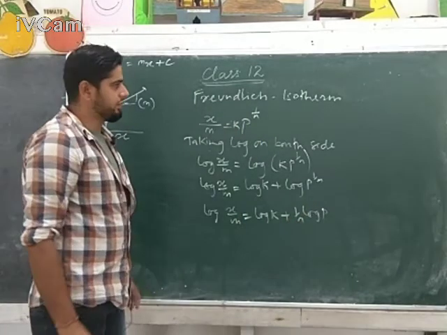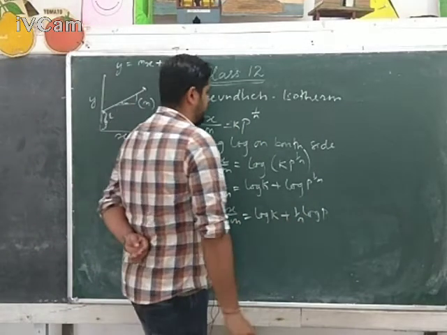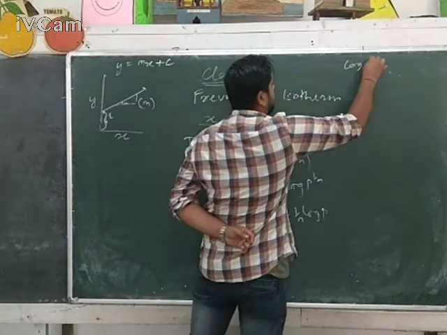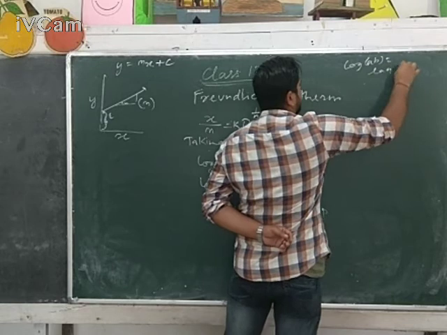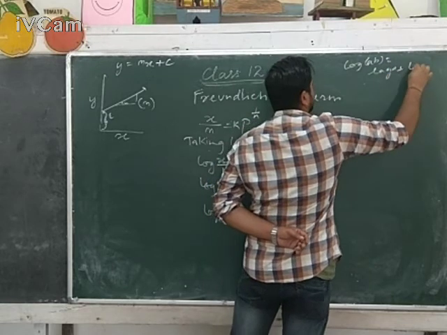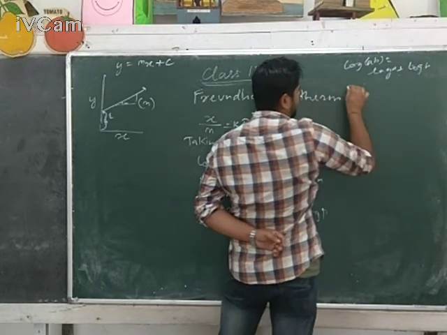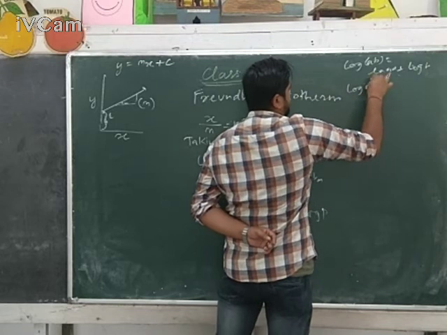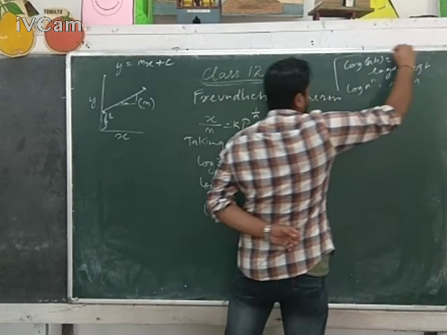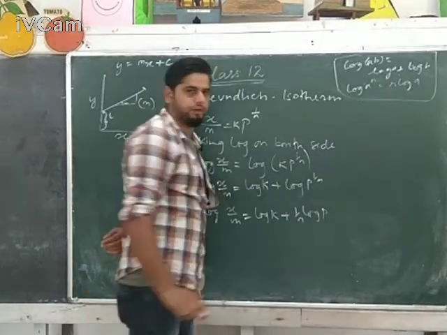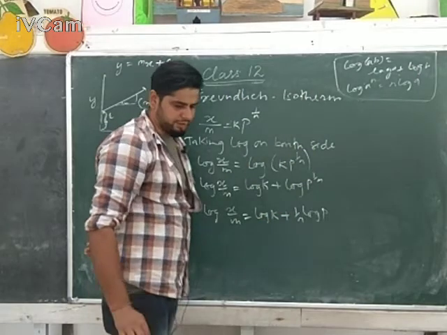We have used two properties of log: log ab equals log a plus log b, and log a to the power n equals n log a. Don't get confused with this.